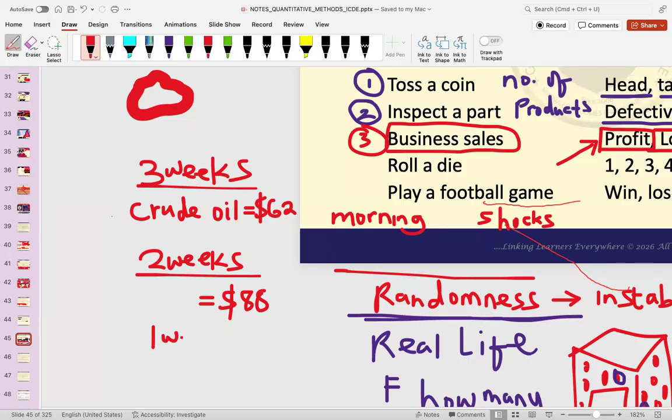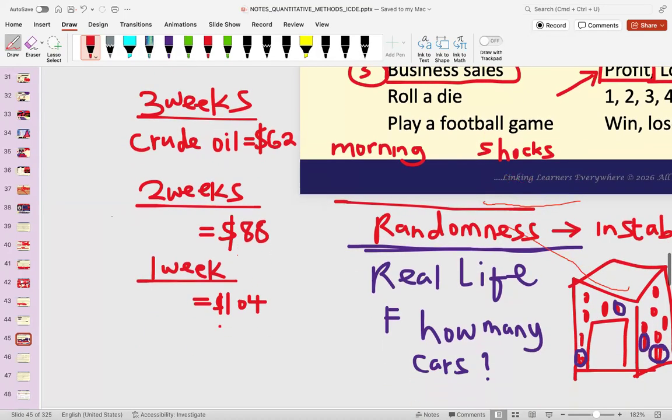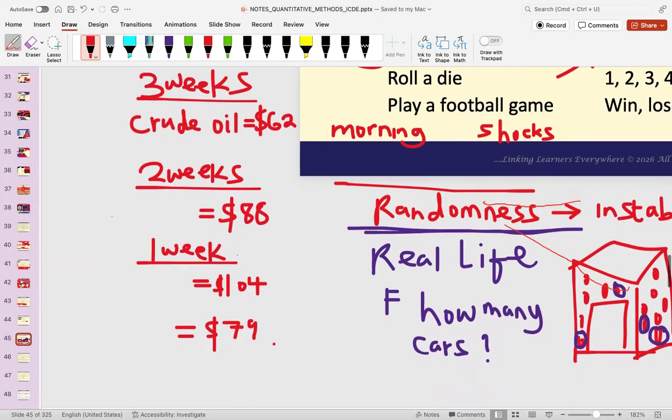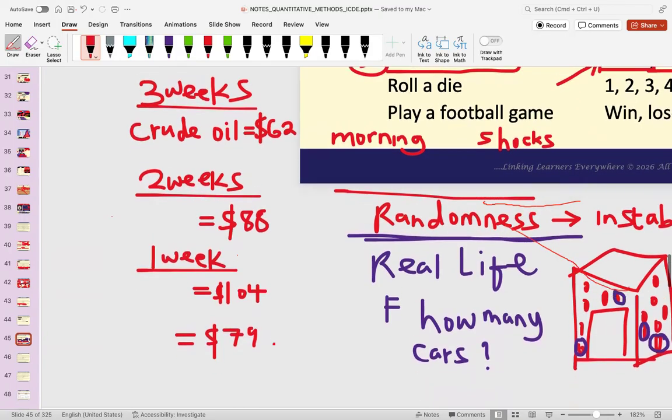A week ago, same barrel of crude oil shot to $104. And I think 3 days ago, it came back to $79 or so. I don't know the current one today. The ones I have tracked is what I've written here.